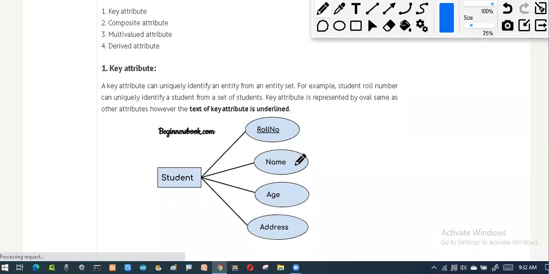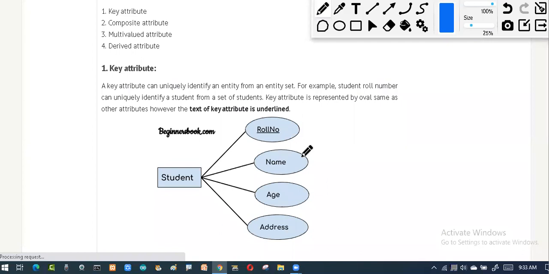When I go for the name, nowadays in our college, if you take the foreign students' names, you can find their name combined with their father's name and their grandfather's name. So his grandfather's name, his father's name and his own name are combined as a single name.